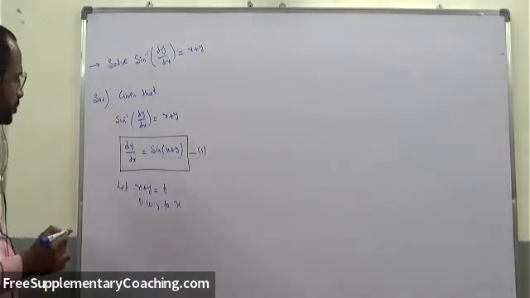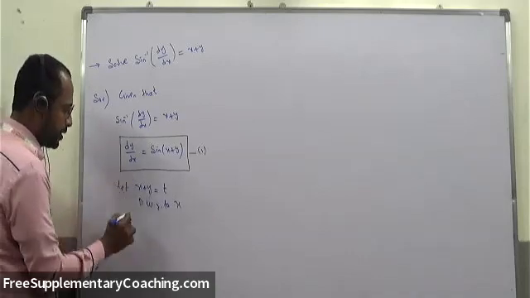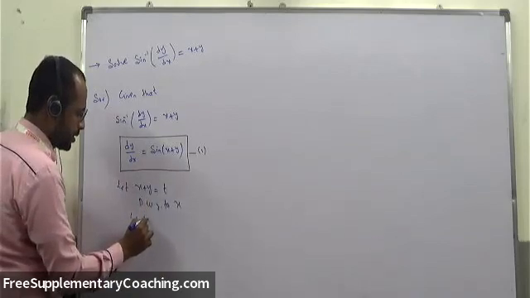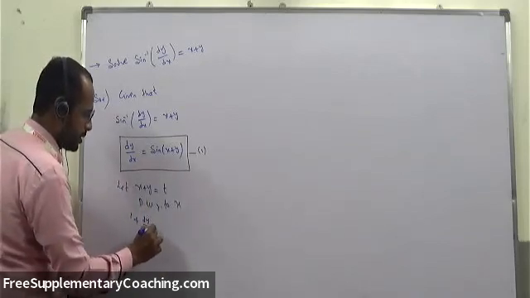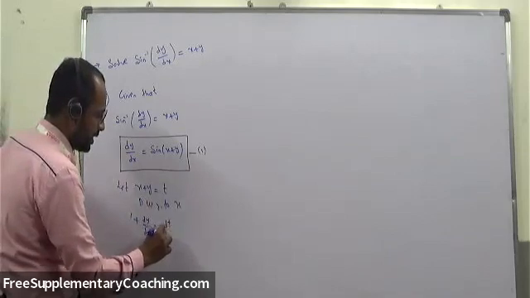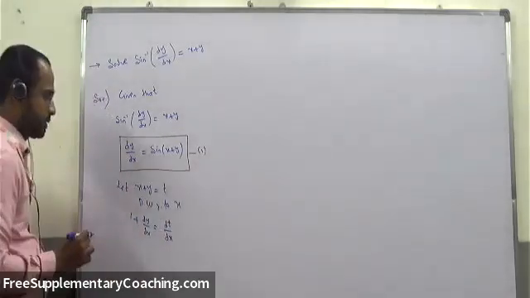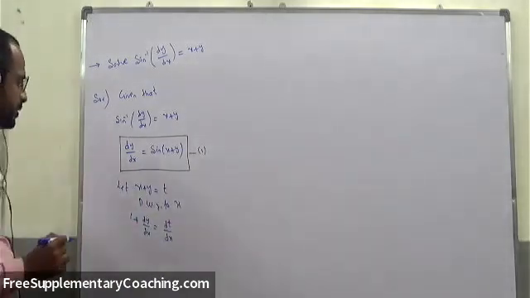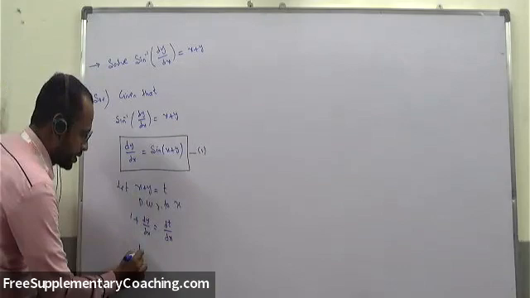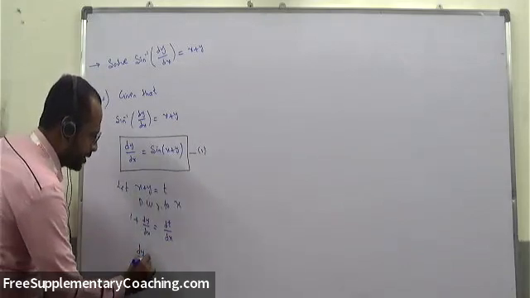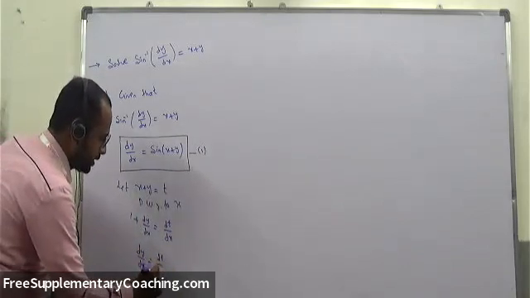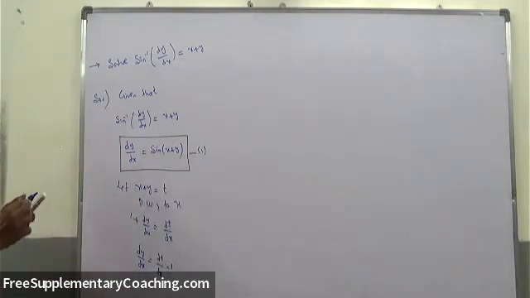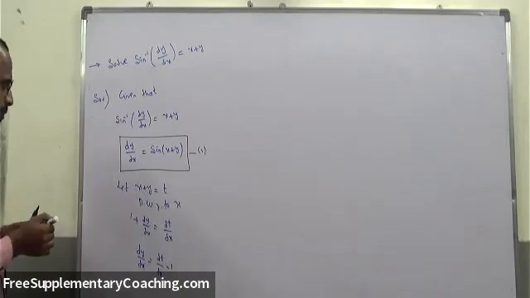We know that d by dx of x is 1 plus d by dx of y is dy by dx, is equal to dt by dx. Now this plus 1 comes here, it becomes minus. So dy by dx is equal to dt by dx minus 1. Finally, we have got dy by dx as dt by dx minus 1.